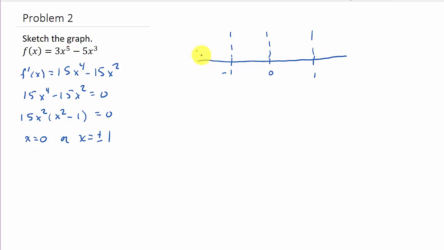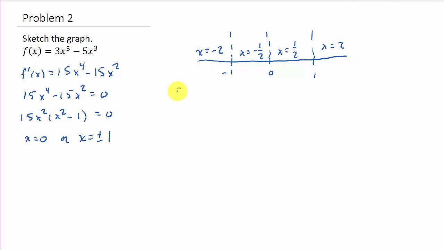And then what I need to do is choose a number from each region. Makes no difference what numbers you choose, just as long as you choose a number from each region.